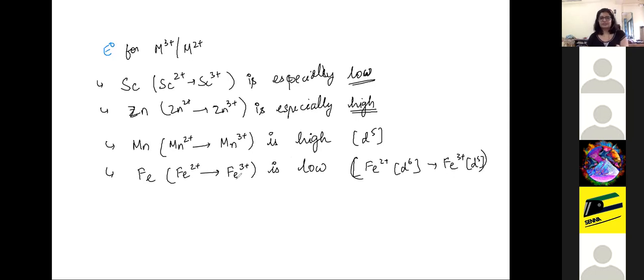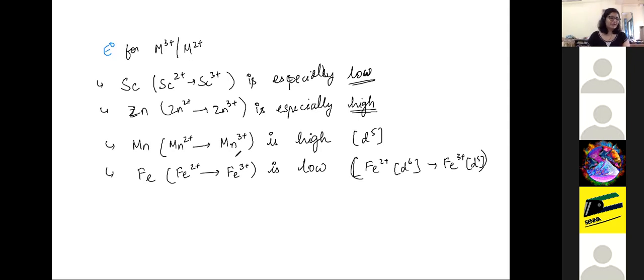Similarly, in the case of copper, both Cu2 plus and Cu plus exist, but copper is again a different case because Cu plus has a completely filled d orbital, but Cu2 plus has a higher hydration enthalpy, which compensates for the total of the ionization energies, which is why a lot of copper compounds exist in Cu2 plus, like CuSO4, CuCl2, CuO, all of this.